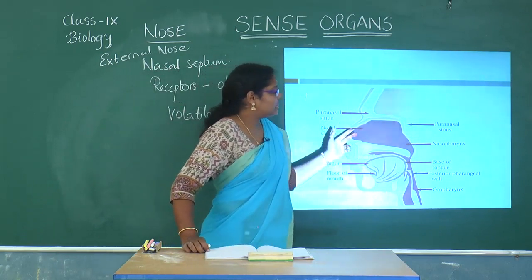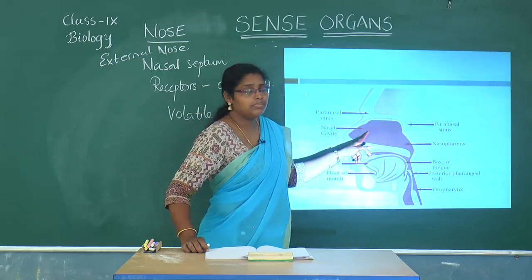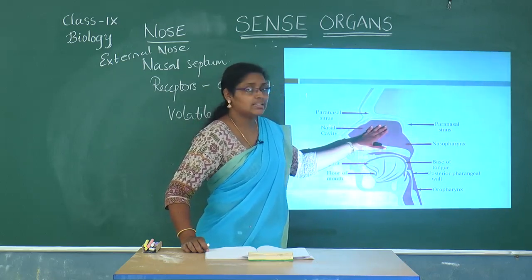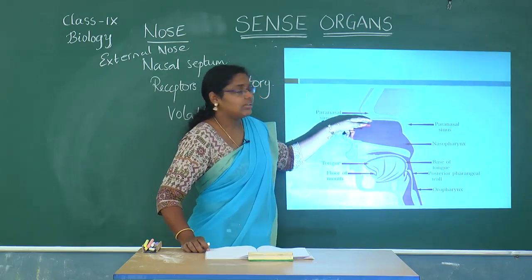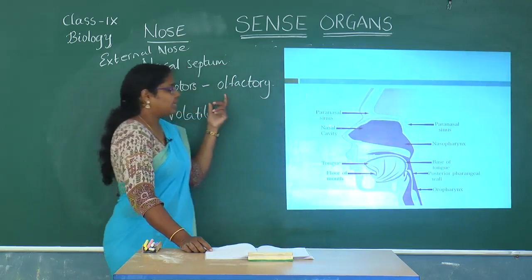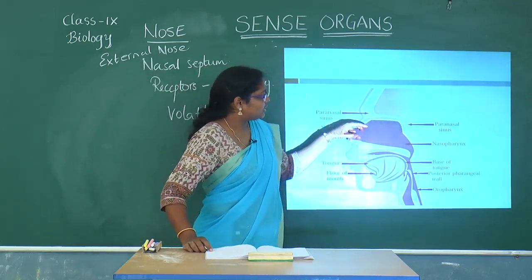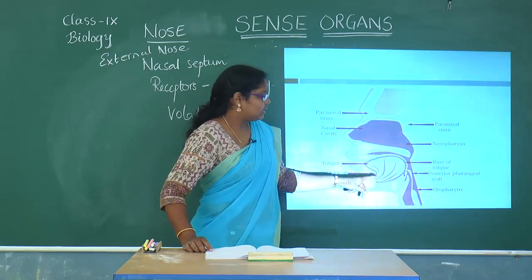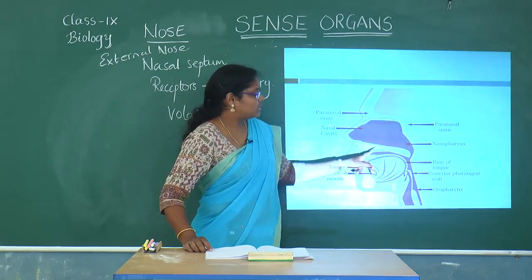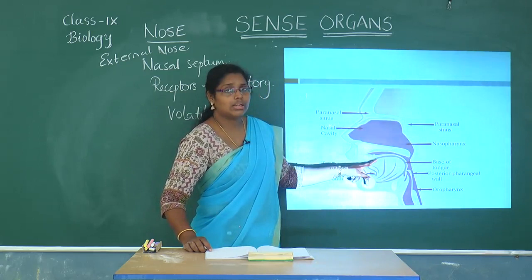Here we can see this is the nasal portion, and this is the external nasal cavity, and towards the inner side is the nasal cavity, which has the specialized cells, that is, the olfactory receptors. In this picture we can also see that the nasal cavity is separated from the oral cavity by a bony structure called the palate.